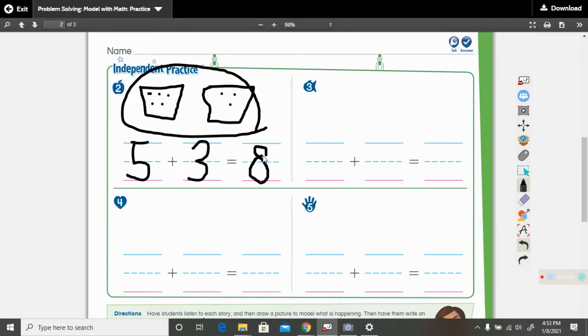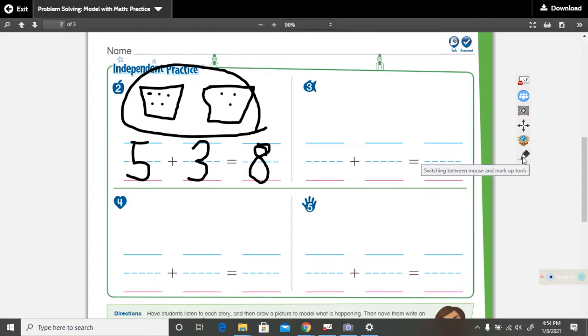She saw 8 stones in all. Let's read our math equation. 5 plus 3 equals 8. Can you read that with me? 5 plus 3 equals 8. Good job.